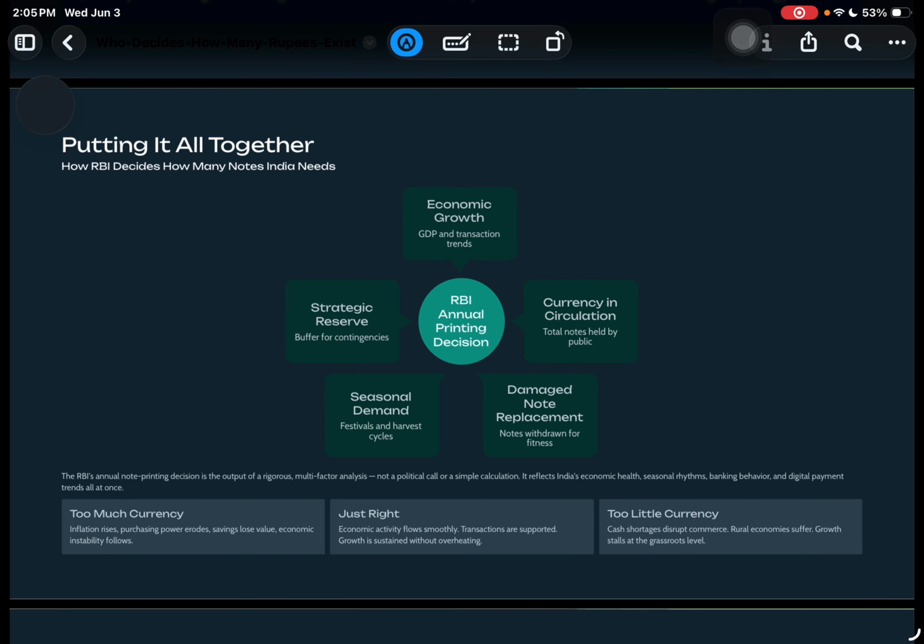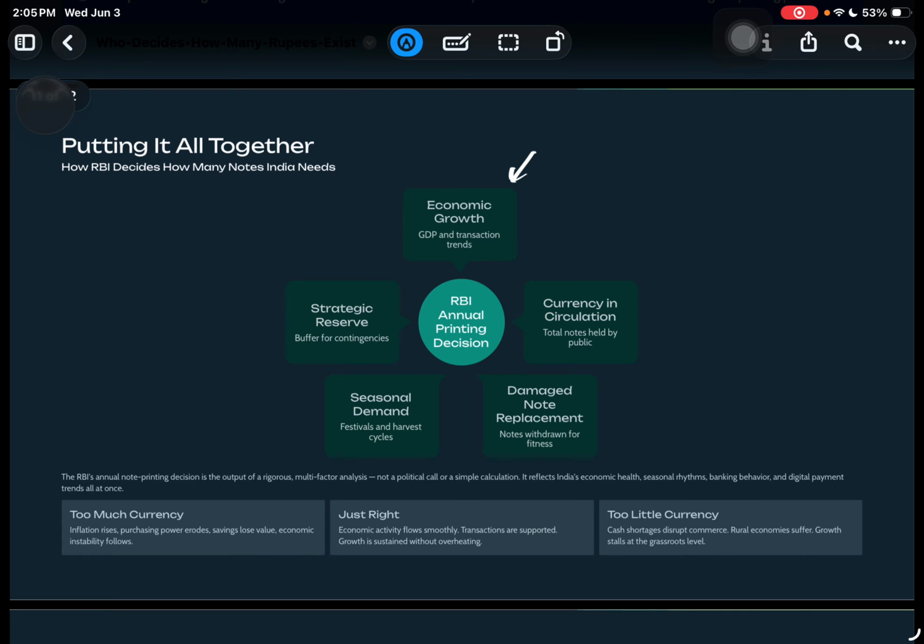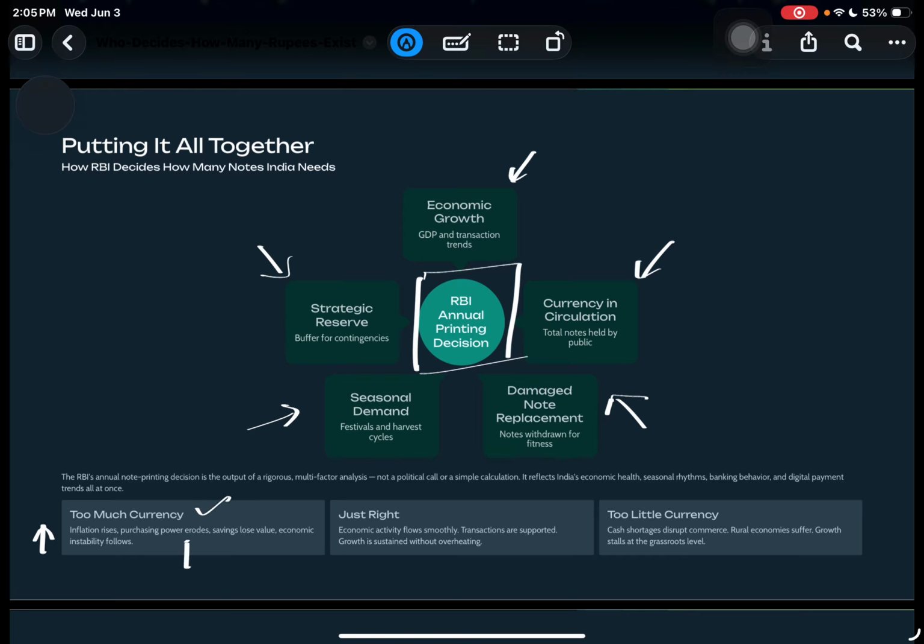So, putting it all together, economic growth, strategic reserves, currency in circulation, seasonal demand, and damaged note replacements are basically how RBI decides how much money needs to be printed and not created. Right? If there is too much currency, inflation rises, purchasing value erodes, savings lose value, and economic instability follows.